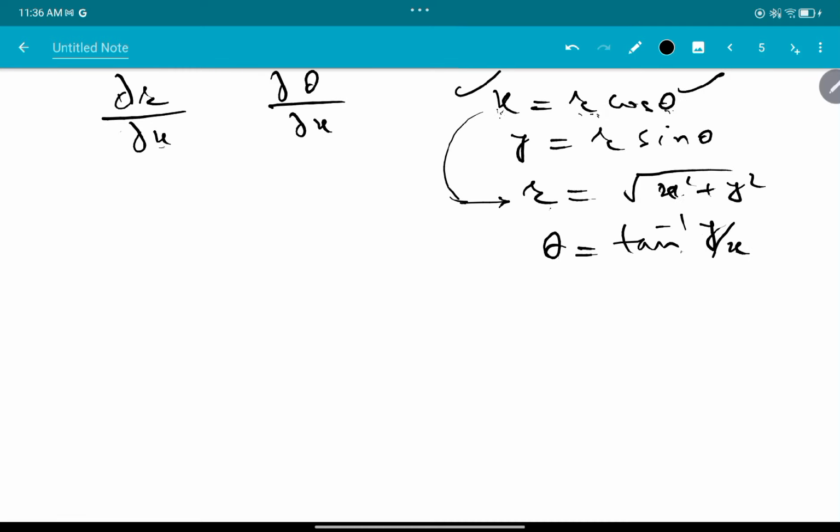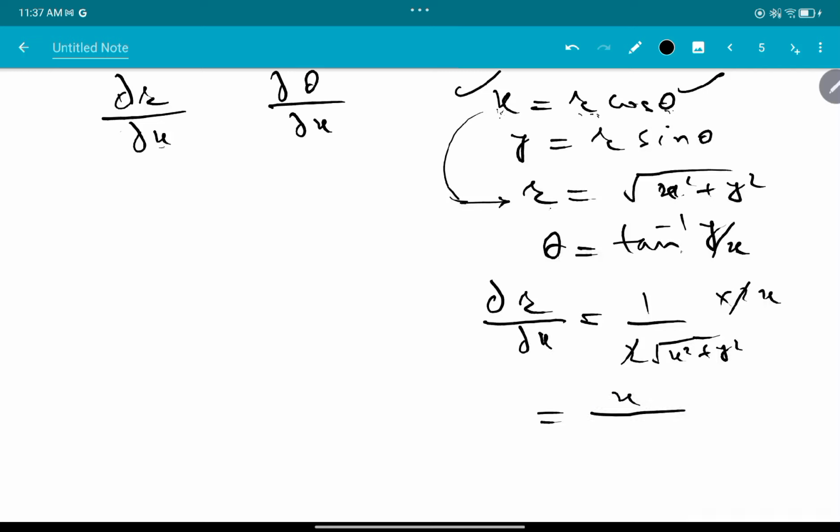Keep this in mind, that this is easier for determination of this. So we simply write del r by del x is equal to, it's quite easy to hold y constant here. Del r by del x in fact implies y is to be constant. So I have 1 by 2 root x square plus y square into 2x, that is equal to, 2 and 2 cancel out, x by r.